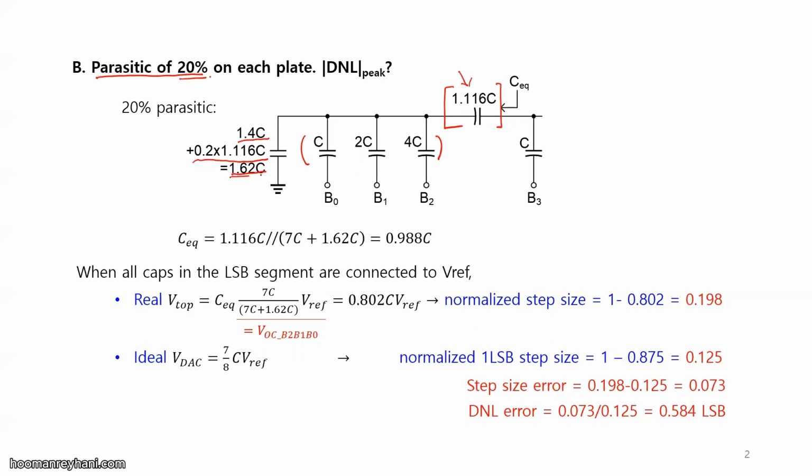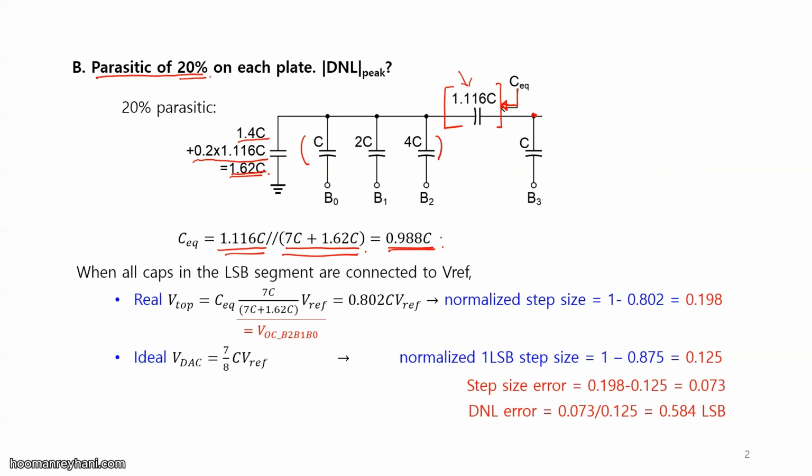So the total parasitic capacitance will be 1.62 C. Okay? And the equivalent capacitance seen from the MSB side will be just like this, right? So we have 0.988 C.